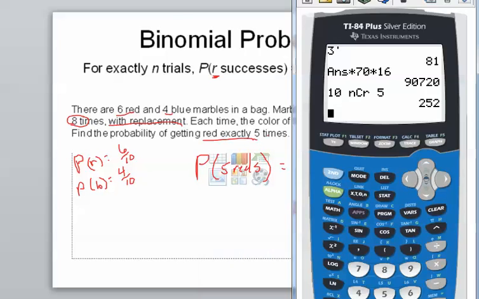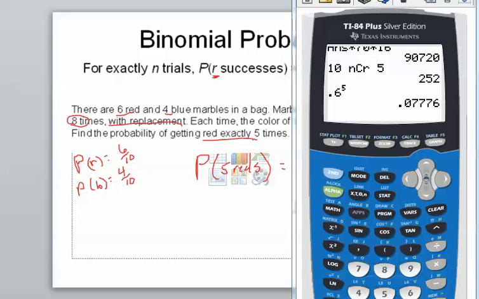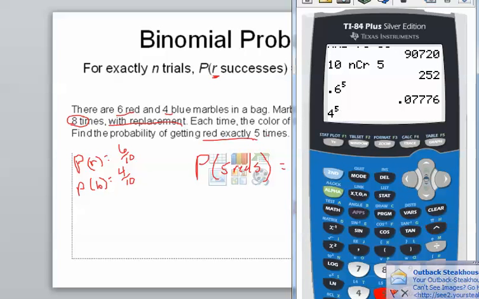Okay? So let's take 0.6 raised to the fifth power and 0.4 raised to the fifth power.